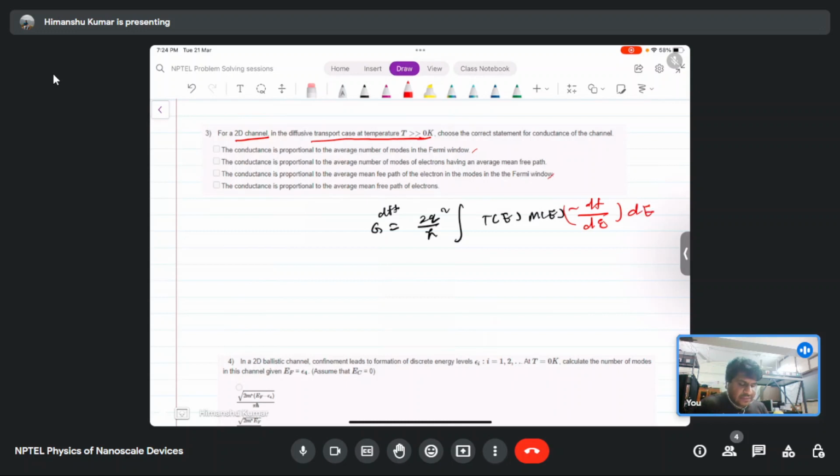Okay, so this is our generalized conductance.